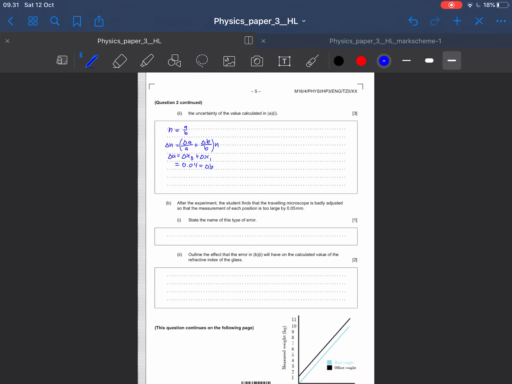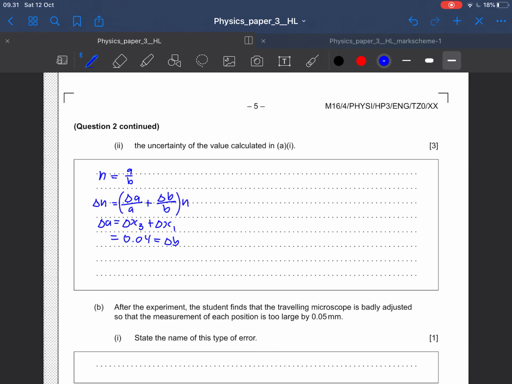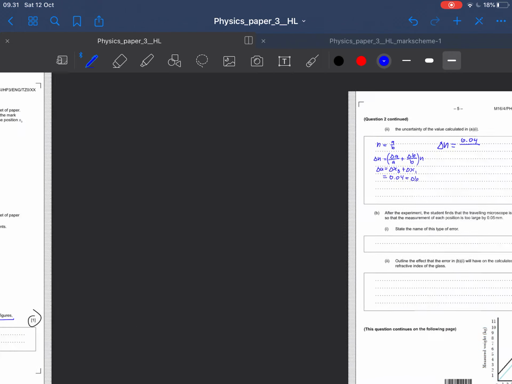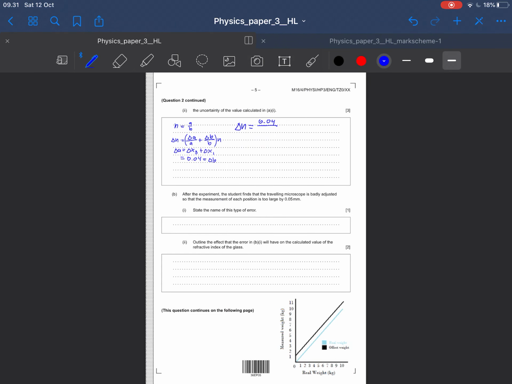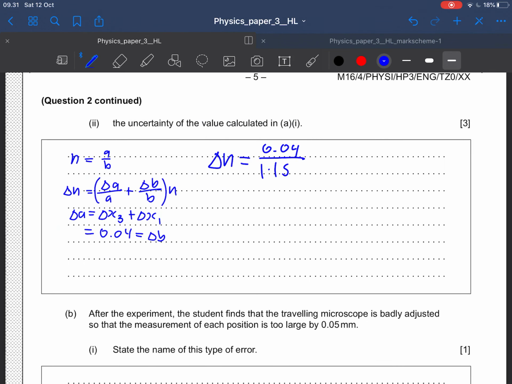So our delta n is equal to delta A on A, that's 0.04 on A, which was 1.15, plus delta B, 0.04, on 0.76, multiplied by 1.5, and that comes up to about, let's just check, 0.04.